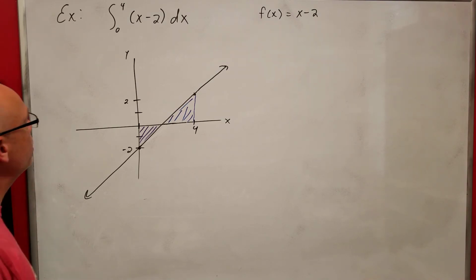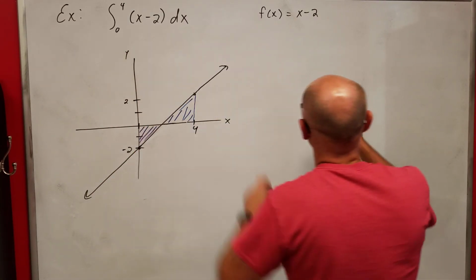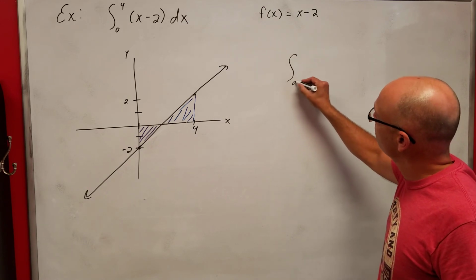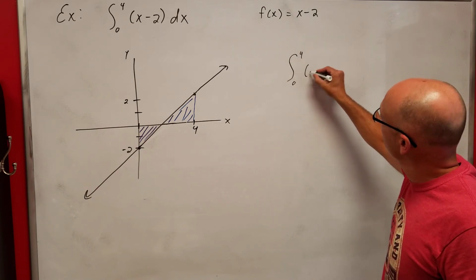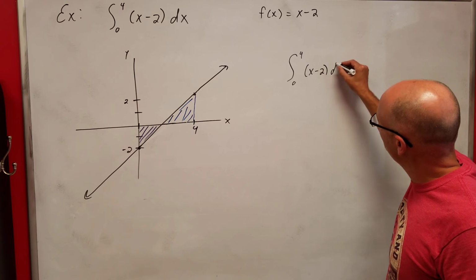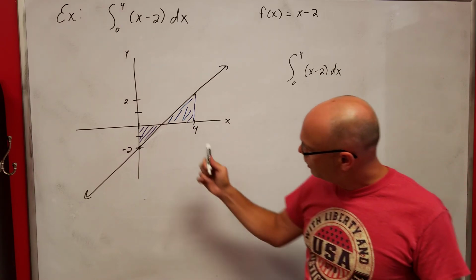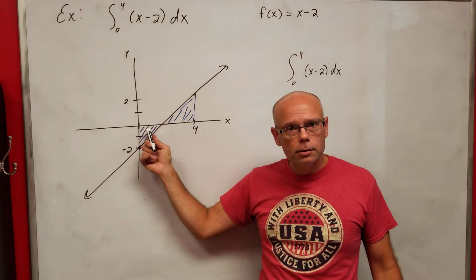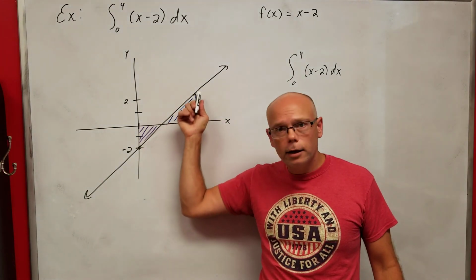So what's going to help me to find this integral from 0 to 4 of x minus 2 dx? What's going to help me is if I find the area of this triangle and I add the area of this triangle.